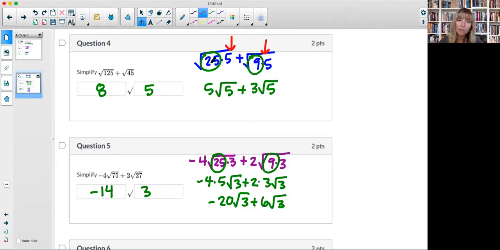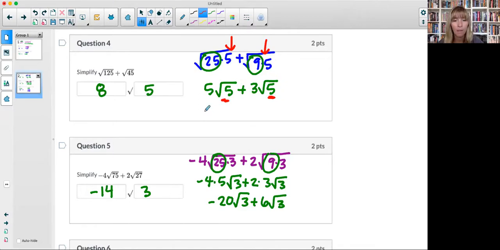So as soon as I got 25 times 5, I was immediately thinking, does 5 go into 45 and give me a perfect square? And it sure did. So that gives you a big hint about what's gonna be left inside. Those are probably gonna match for an addition problem. So that led me to 5 square root of 5 plus 3 square root of 5, which is 8 square root of 5.